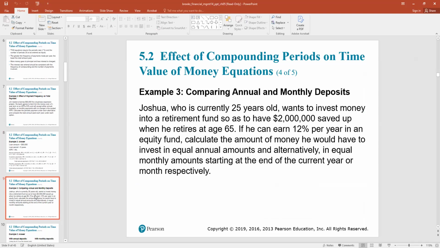Okay, comparing the annual and the monthly deposits: someone who is currently 25 years old wants to invest money into a retirement account, so as to have $2 million saved up when he retires at age 65. If he can earn 12% per year in an equity fund, calculate the amount of money that he would have to invest in equal annual amounts, alternatively in equal monthly amounts, starting at the end of the current year or month respectively.